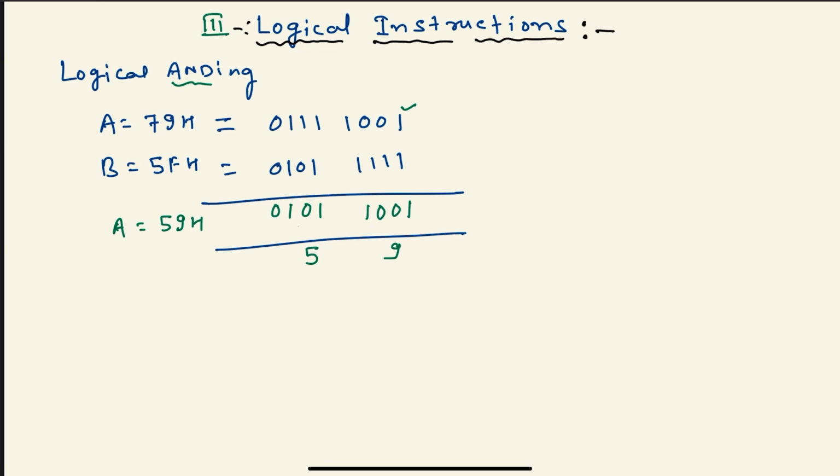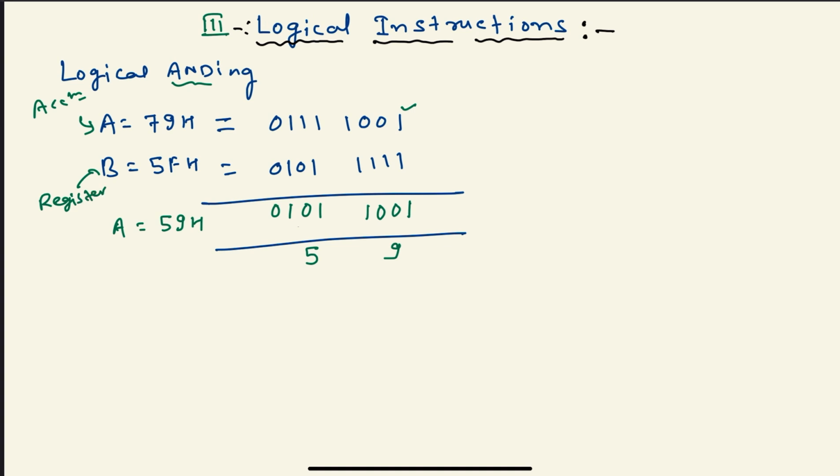In 8085, for these logical instructions, by default, as in the arithmetic instructions, one of the operands will be the accumulator. Let's say this is the accumulator, and the other operand needs to be specified by a register, memory, or immediate data. This is our register here in this example.